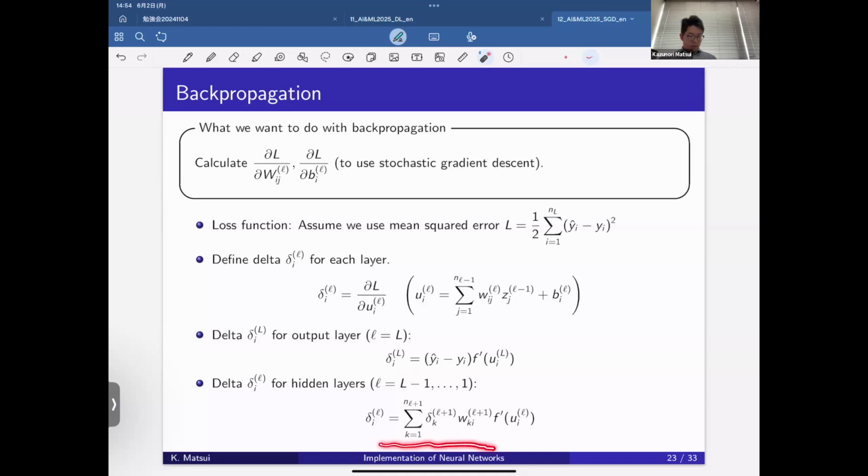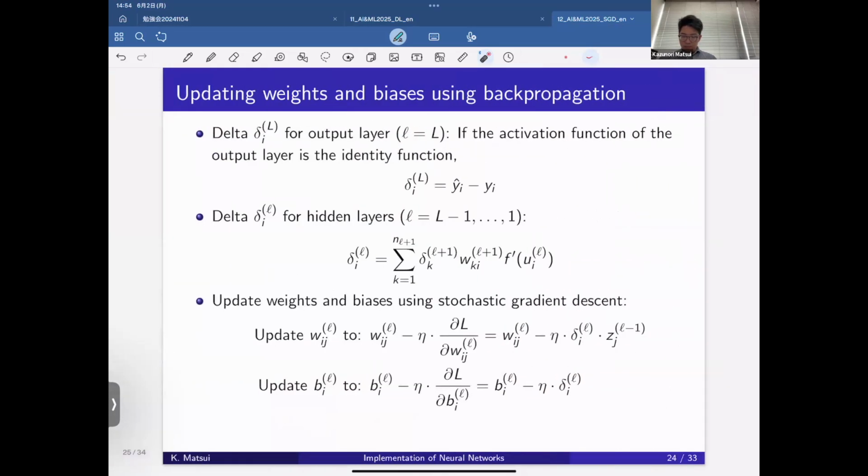So to summarize, updating weights and bias using backpropagation. The method goes like this. First, delta for the output layer.